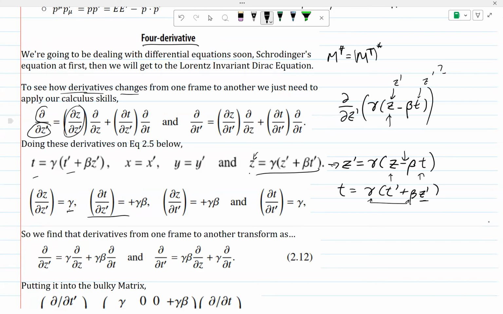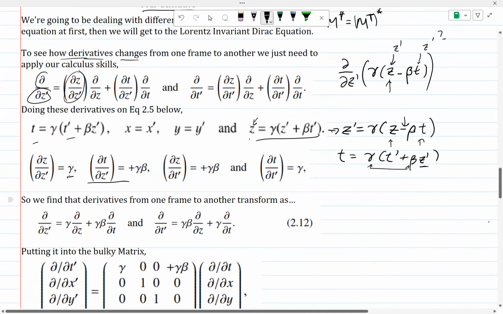Once you have that, you can plug both of those in there to figure out the derivative with respect to the moving coordinate system as a function of derivatives of the non-moving coordinate system.